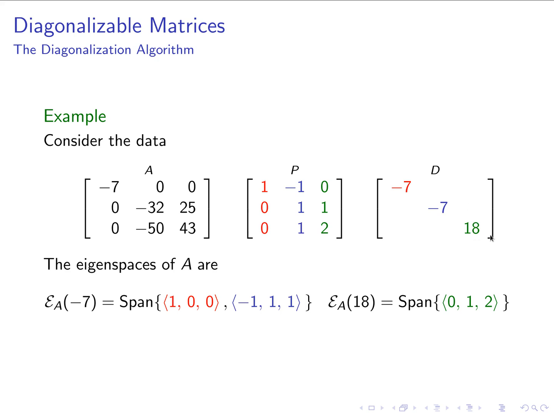So what we're finding here is that D is organizing all of the eigenvalues, accounting for their multiplicity, and then P is matching those eigenvalues to the basis vectors of the corresponding eigenspaces. So at the end of this process, it turns out that A is guaranteed to equal P times D times P inverse.